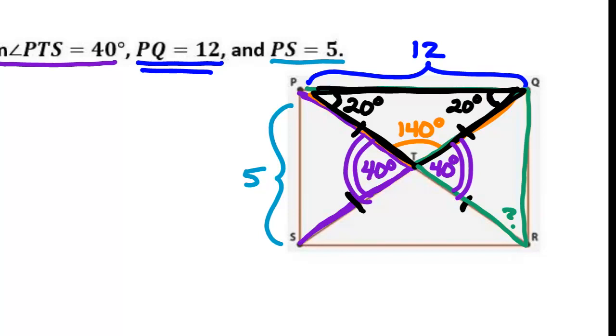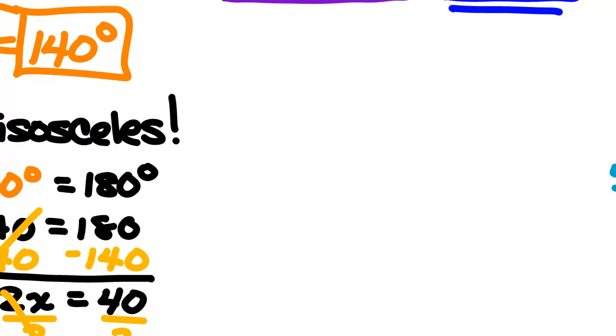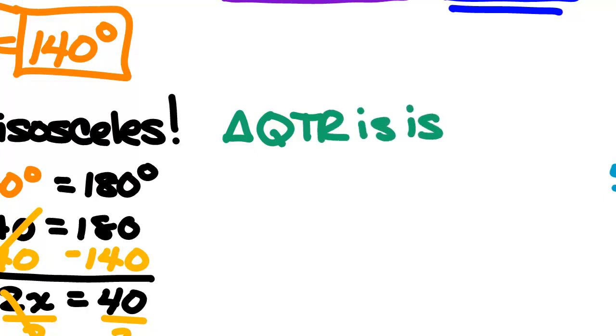What else do I know about this triangle right here? It's also isosceles. It has two congruent sides. So triangle QTR is isosceles.